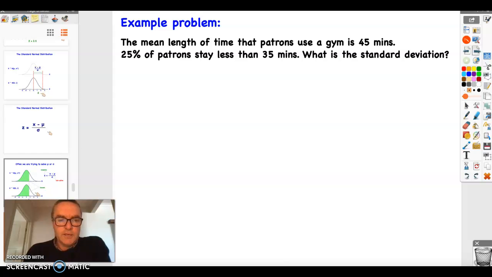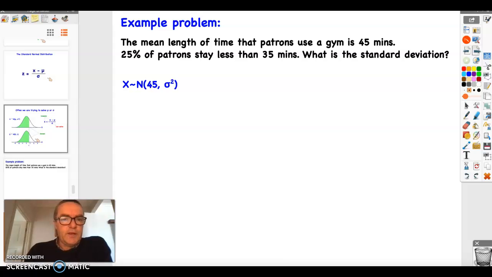That could be quite easy to calculate just from data recording how long patrons spend at the gym. We're going to add in some information that we know. 25% of patrons stay less than 35 minutes. And so this is enough information for us to be able to work out what the standard deviation of this distribution is.